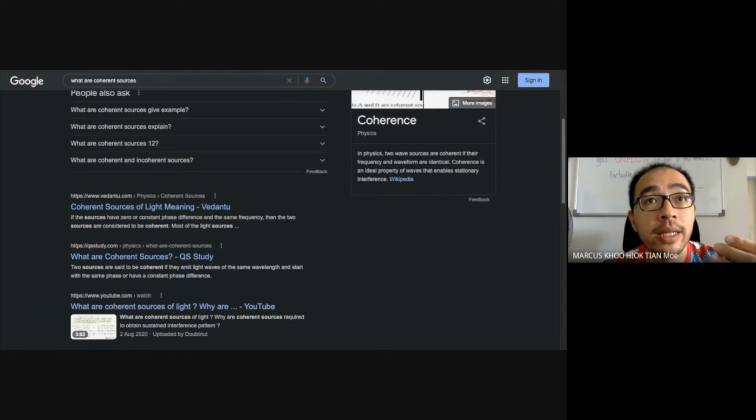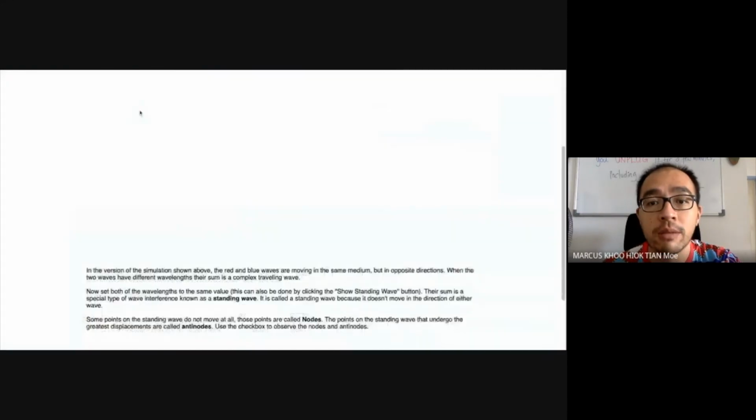In our discussion, when we talk about waveform, we also have to talk about the wavelength, and a word which is called phase difference. I'm going to type this out in the chat. So there are three things that have to be the same when we're talking about coherent sources. Number one, like what Wong said just now, is frequency.